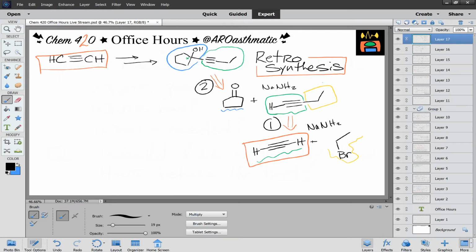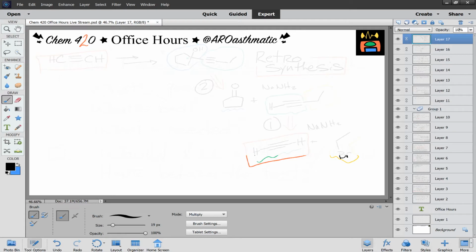So let's do that here. But your retrosynthesis will serve as a roadmap to lead you back to the molecule you are after. So here's the answer to that question. Here's our actual synthetic scheme.